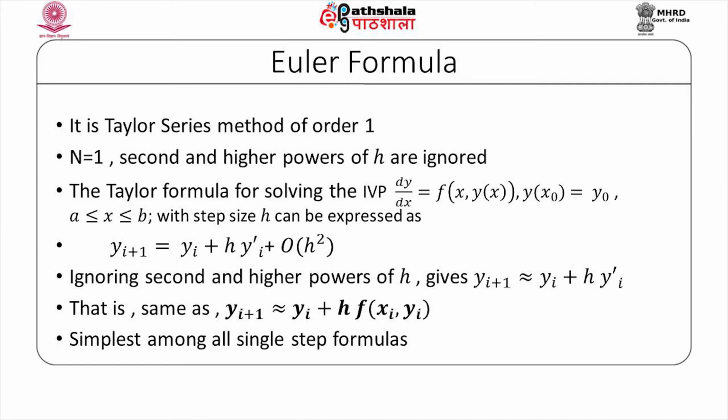So, what we are left with is yi plus 1 equals yi plus h yi dash, and yi dash is dy by dx, which is f(x, y). So, yi dash is f at the point (xi, yi). So, our Euler formula becomes yi plus 1 equals yi plus h times f(xi, yi). A very simple formula, the simplest possible.